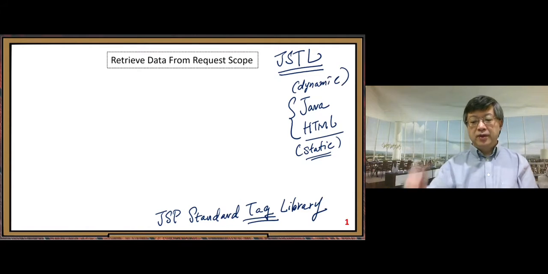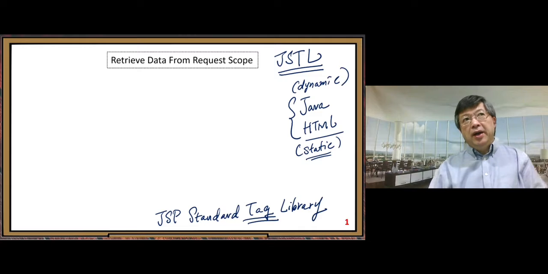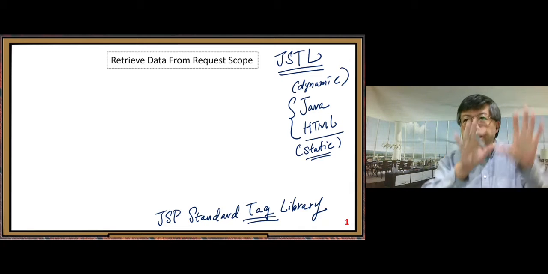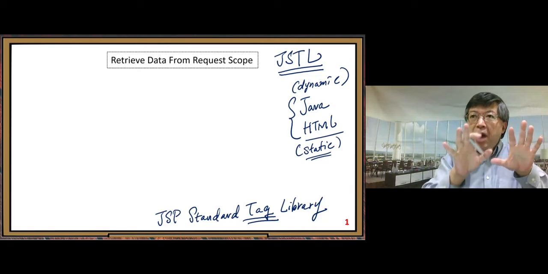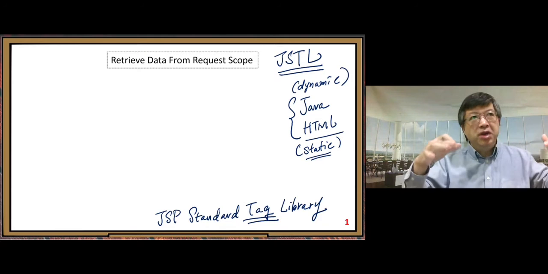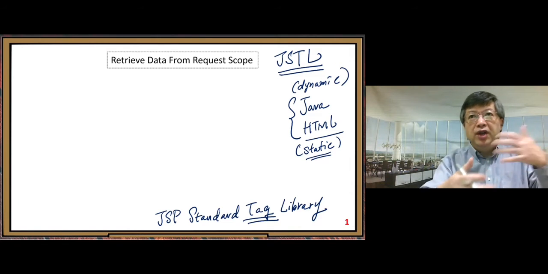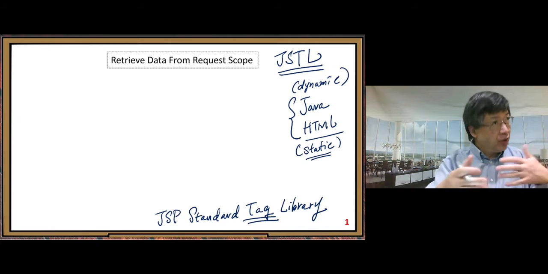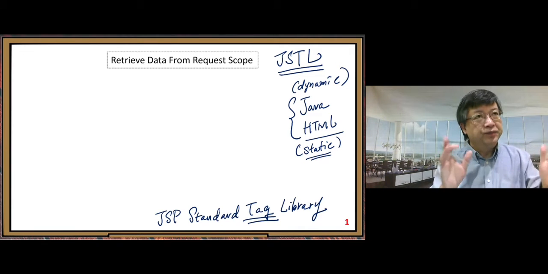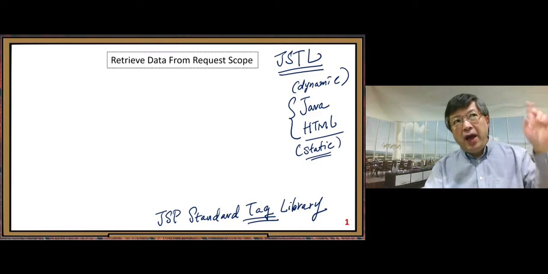All right. Here you can see there are 2 environments. They are mixed in a typical JSP. So when you write code, you need to switch between these 2 different environments, frequently.